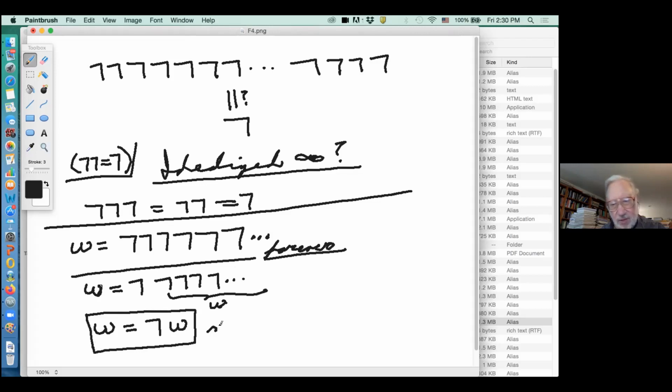And this is a new level of self-reference, in that omega refers not to itself, but to a part of itself. What we say about omega is that omega actually is referent to and identical with a part of itself.